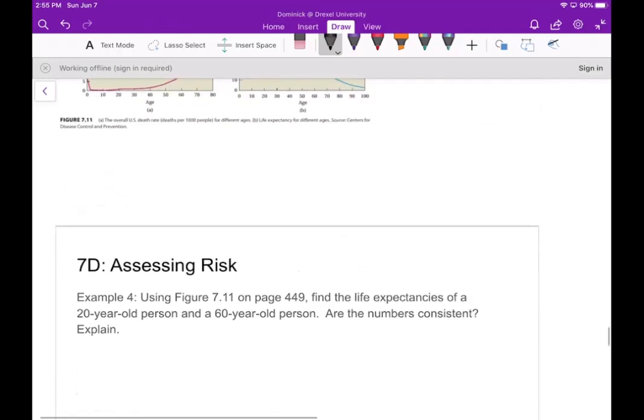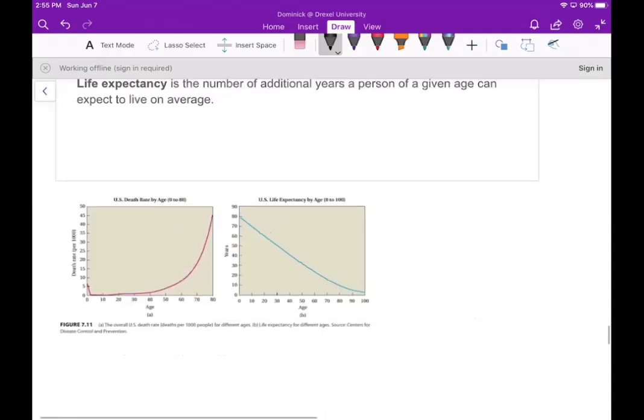So now using this figure, we're going to find the life expectancies of a 20-year-old person and a 60-year-old person, and are the numbers consistent? Well, the life expectancy is the second graph that's given. Now, if a person is 20, I would have to go to where 20 is.